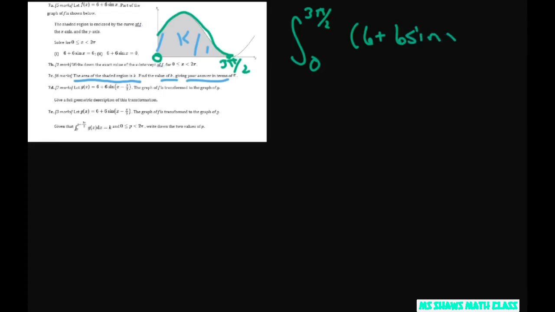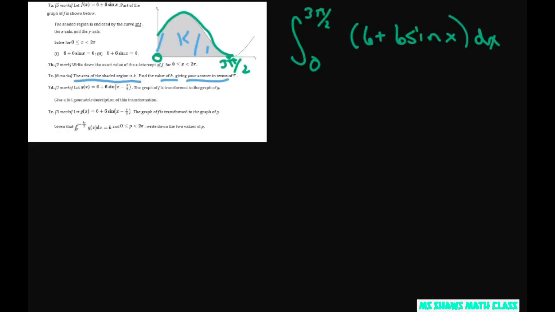So basically, we're going from the interval from 0, and we already know that this is 3 pi divided by 2. So we're doing the integral from 0 to 3 pi divided by 2 of 6 plus 6 sine of x dx.